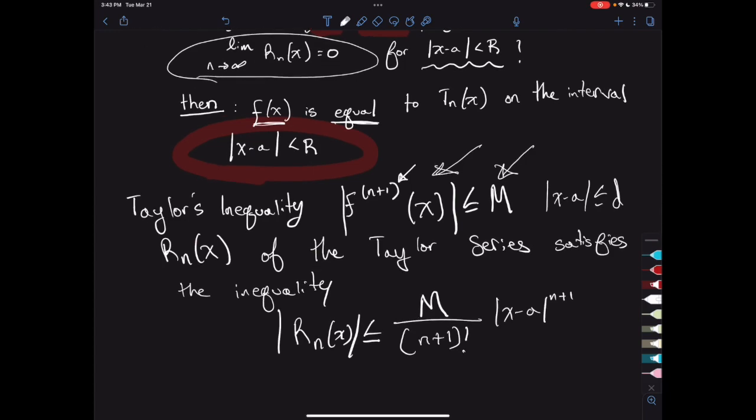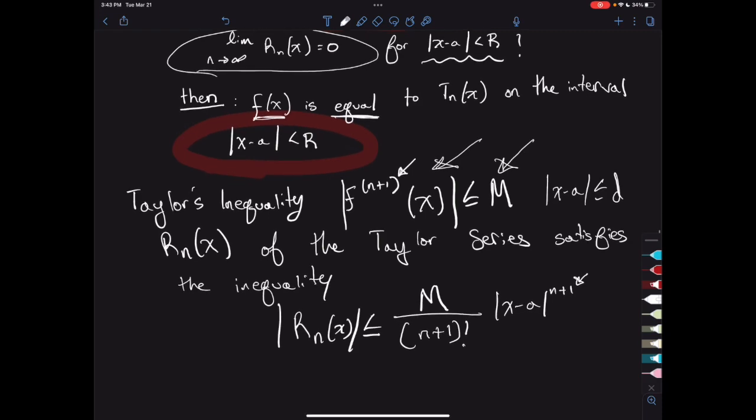This is an exponent right here. This is not a derivative, for reference. This is an exponent. On the interval where the absolute value of x minus a is less than or equal to d.